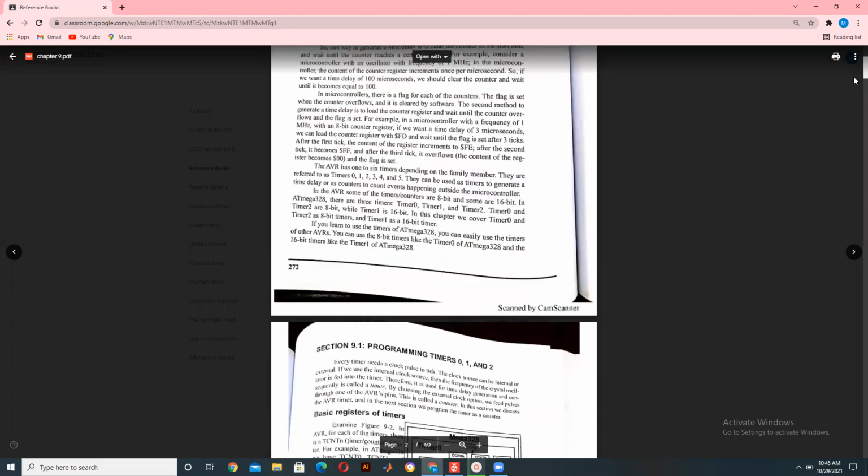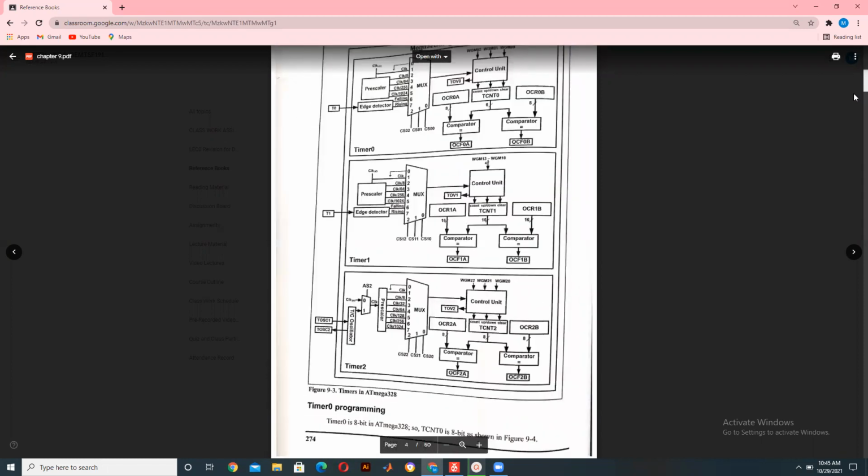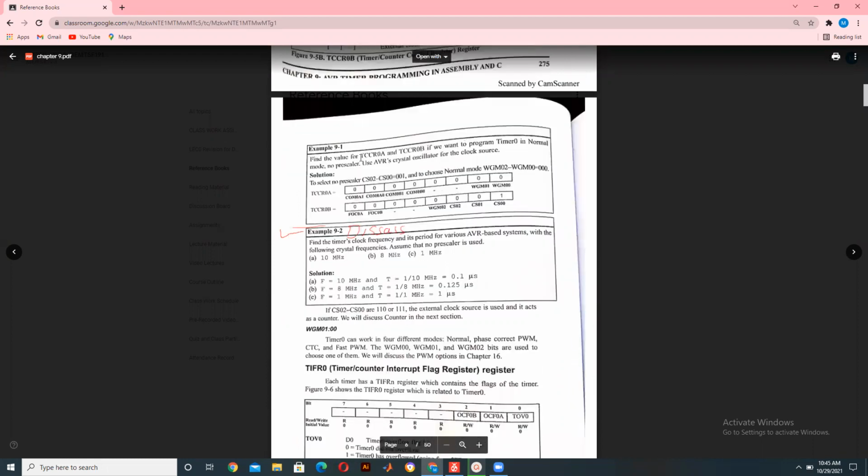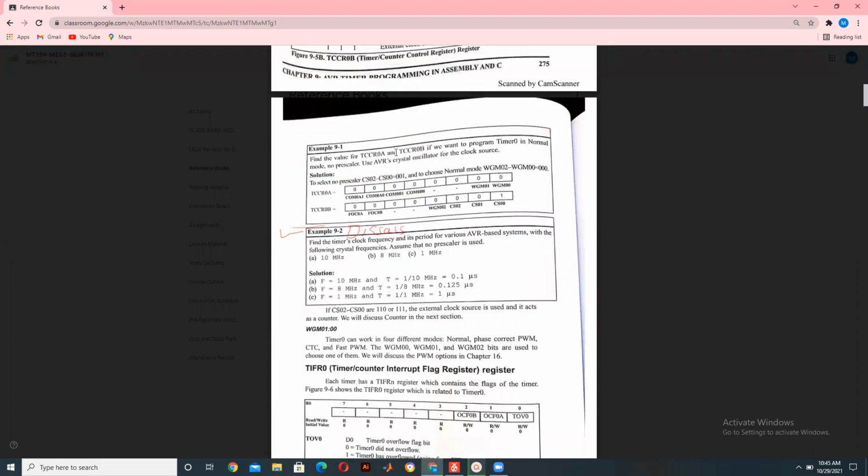So let's start with example number one. The question is to find the values of TCCR0A and TCCR0B if we want to program Timer 0 in normal mode, no prescaler, and use the AVR crystal oscillator for the clock source.